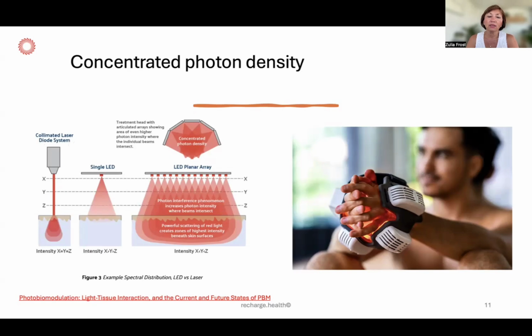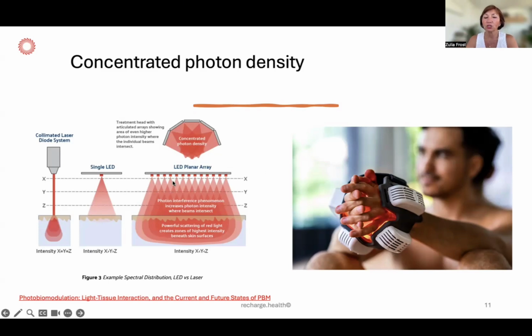Whereas the LED, if it's a single LED, is much more widespread. But to get it deeper in the tissue, I will show you later, you need the power. If you don't have the power, the effect will be very superficial. And then there is a situation when we have an array, many, many, many LEDs. You've probably seen on the face mask, you've probably seen on the Celluma, like over the belt, they have many, many, many LEDs. So what's going to happen?